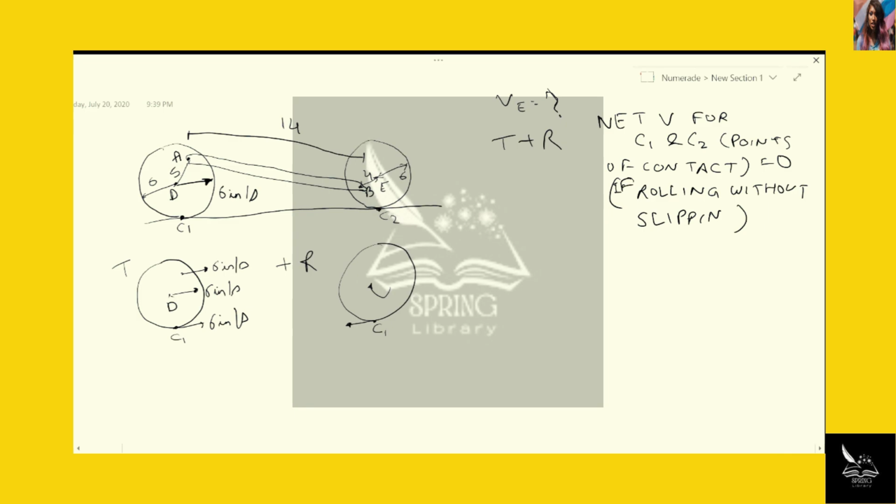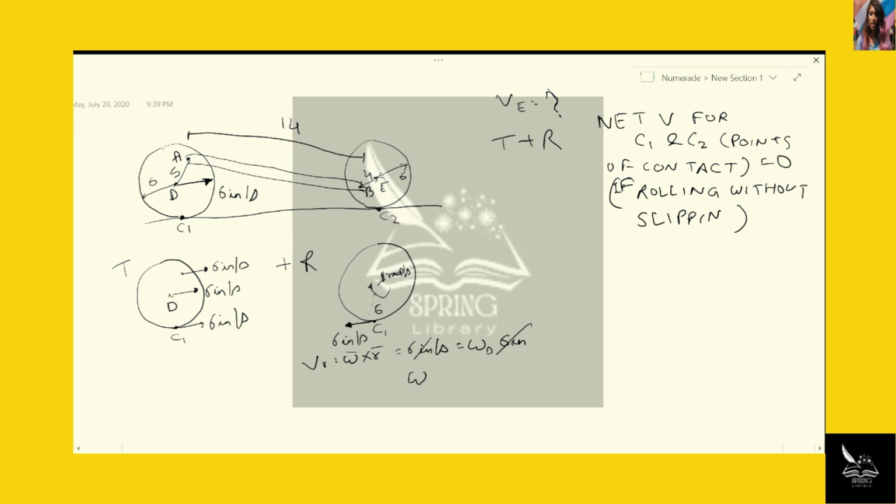Okay. So at C1, we know that this velocity is going to be 6 inches per second. And we know that the radius of the circle is 6 inches and v is omega cross R. The direction is already determined, so it's just going to be omega times R. Let me write it down: 6 inches per second equals omega D times the radius, 6 inches.